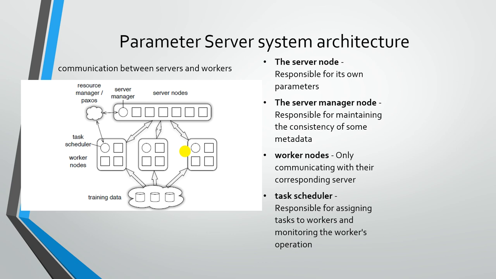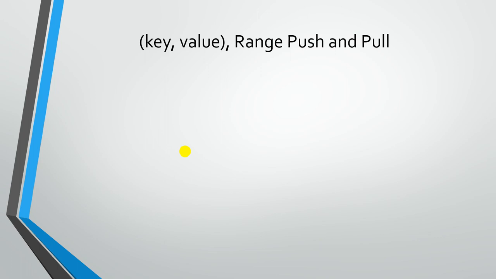Next, I'm gonna explain about key value pairs and range push and range pull functions. In the parameter server, parameters can be represented as key value collections. The key is the feature ID and the value is the weight. For sparse parameters, a key does not exist, but can be considered as 0 because there should be something.